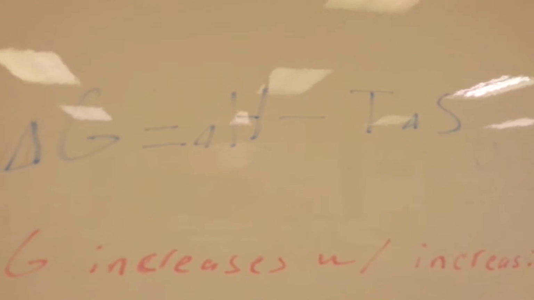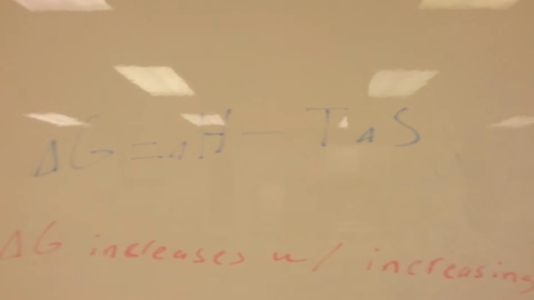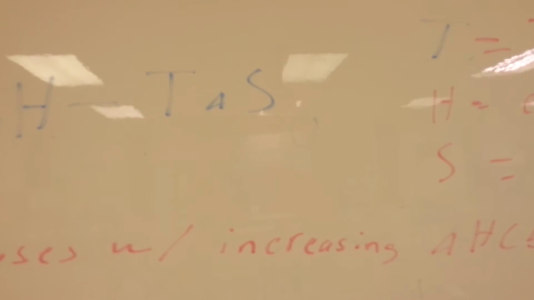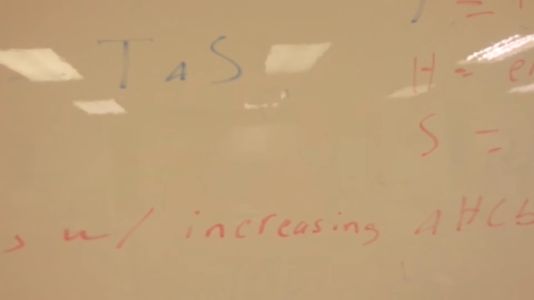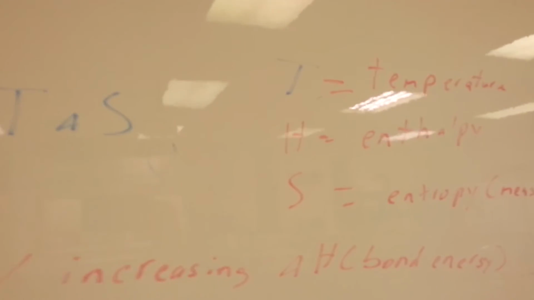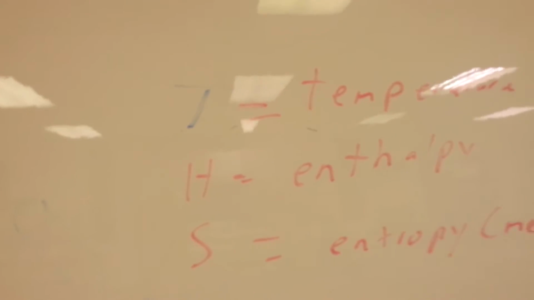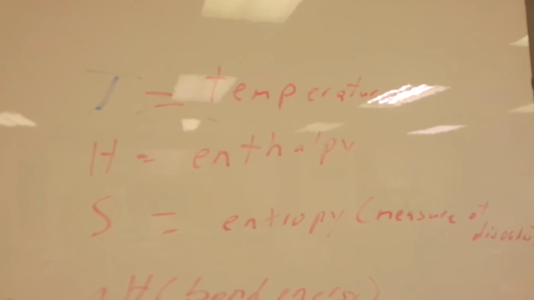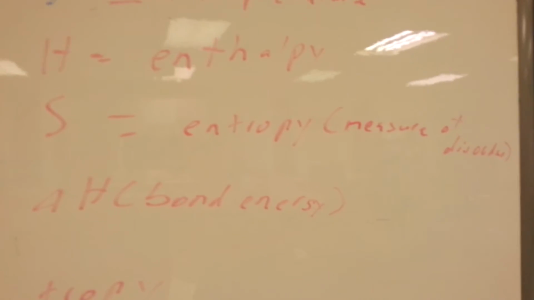Delta G is equal to delta H minus T delta S. This is actually quite easy to learn. If I can learn this stuff, you guys can learn this stuff, trust me. T equals temperature, H is equal to enthalpy, S is equal to entropy, measure of disorder.